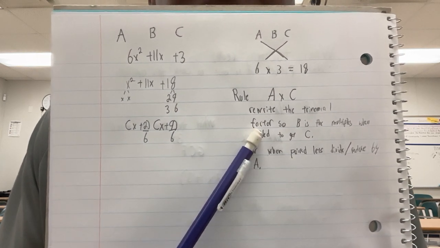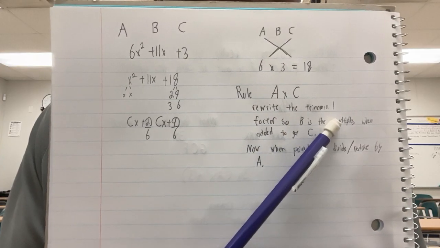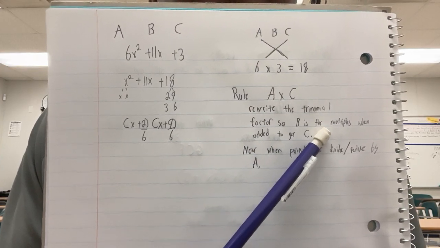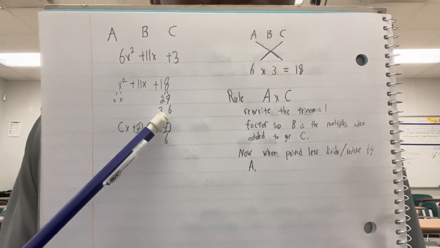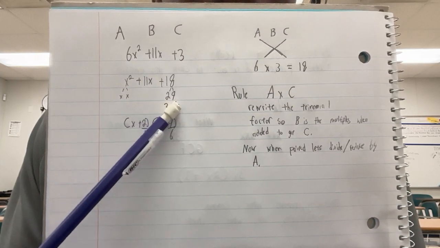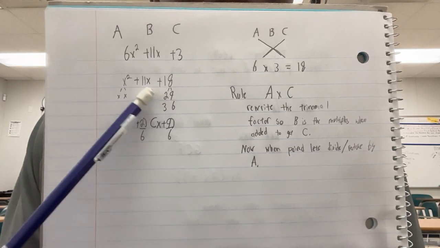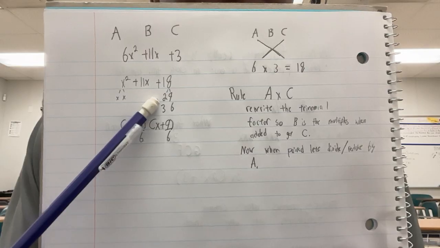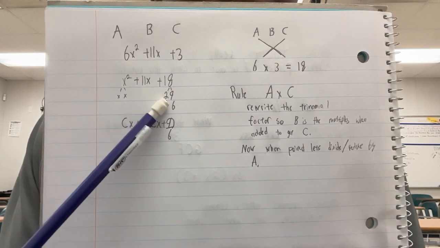And then I factored, so my B is what is the multiples when added to give me C. So 2 times 9, 3 and 6, but I need to make sure my B is what's equal to what my multiple is. So 11, which one is my multiples? 2 and 9, 3 and 6. All right, I got my multiples, right?